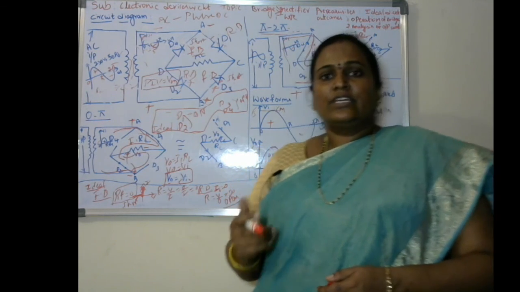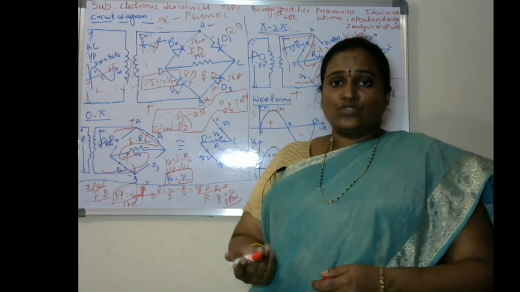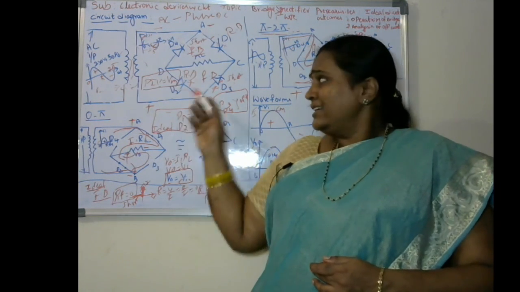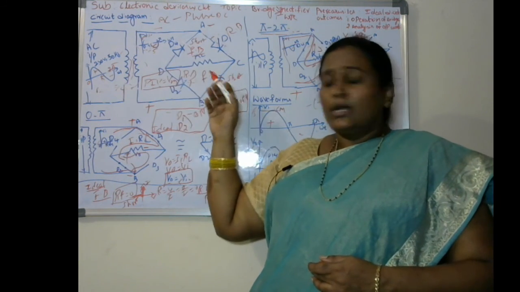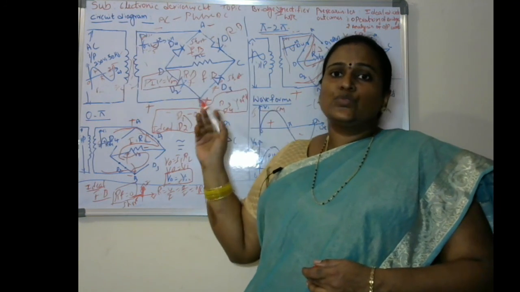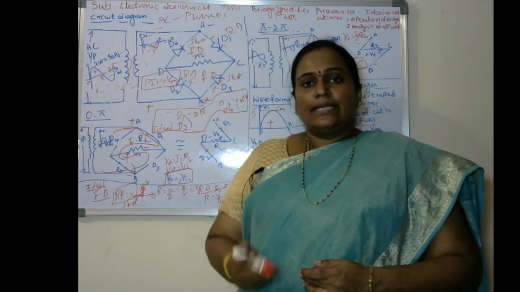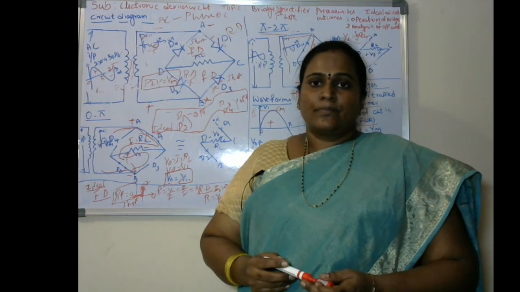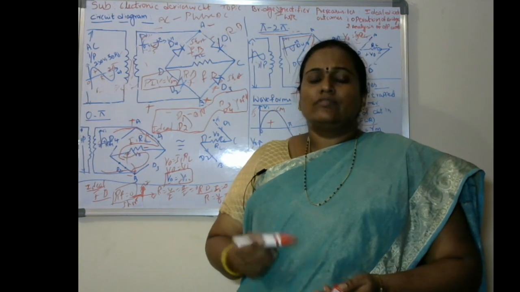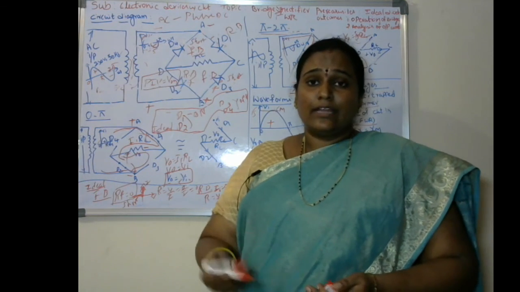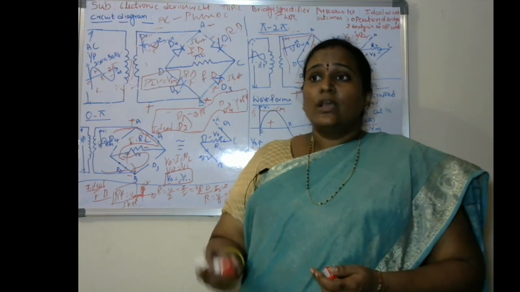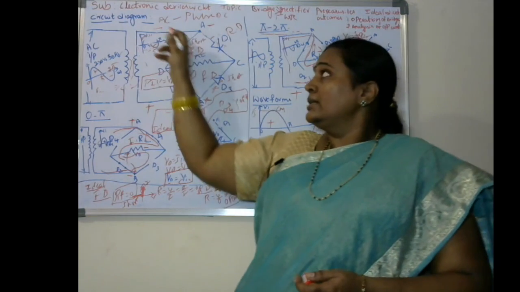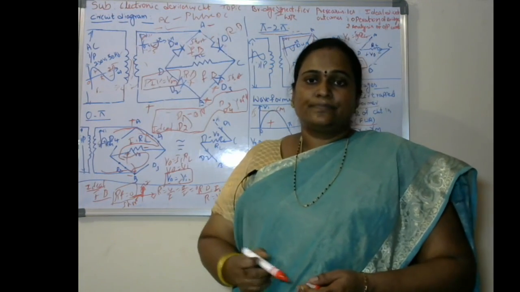In the full wave rectifier, we are using the center tap transformer, which is the costliest one. Here, even though we are using 4 diodes, the cost of the diodes is very less when compared to the center tap transformer. So in any electronic device circuit for rectification purposes, normally we are going to observe only the bridge rectification circuit.